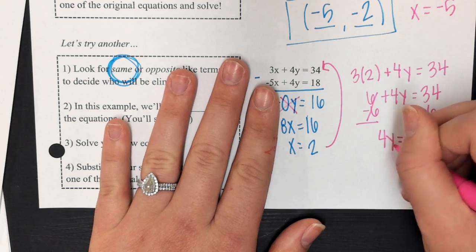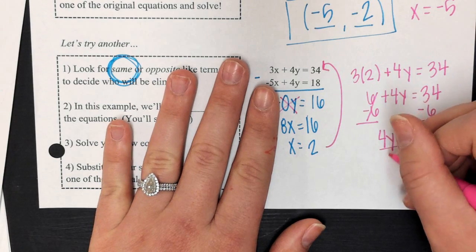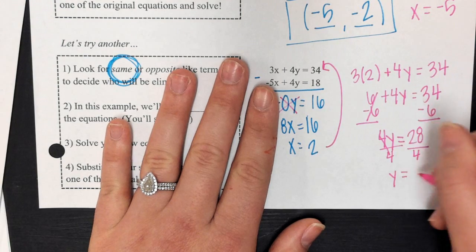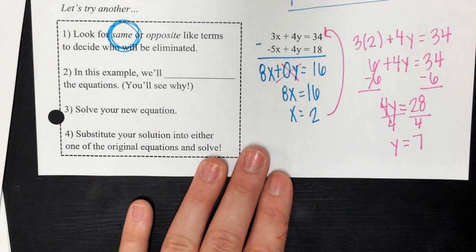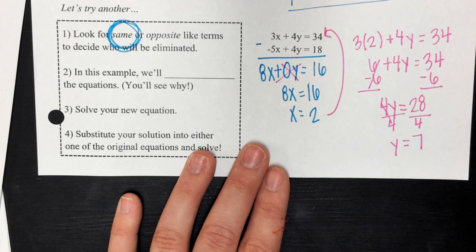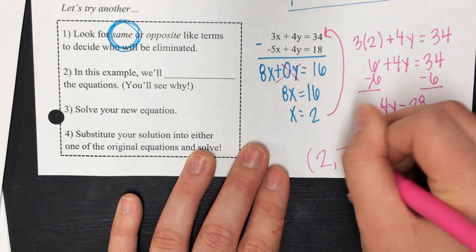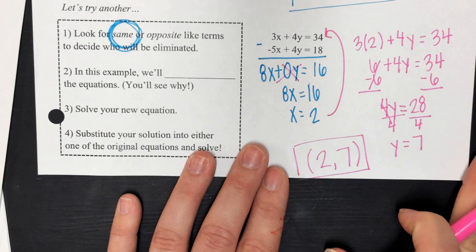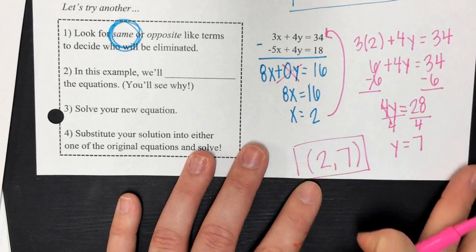Jordan, what do I do next? You divide both of them by 4. So y is equal to 7. I was so confident. So what is my answer? 2, 7.